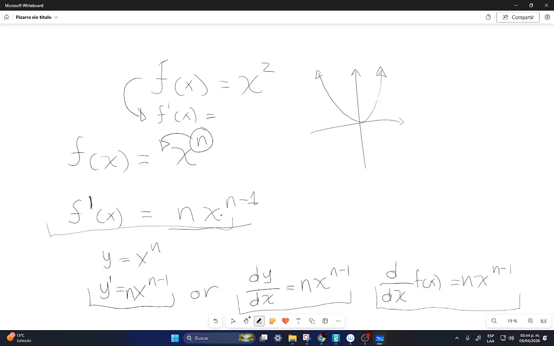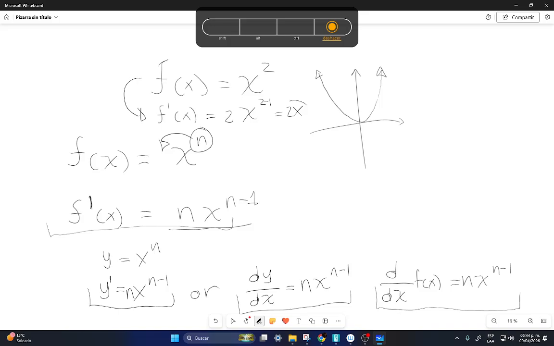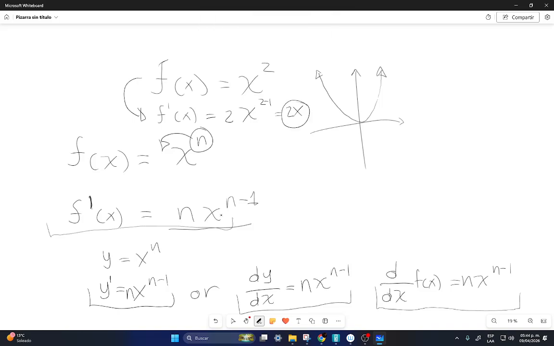Okay, so let's do that for x squared. We move the 2 down to multiply, and we subtract 1 from the exponent, which gives 2x, because 2 minus 1 is 1, and the exponent is 1, but it's not necessary to write it. So this function is the derivative of this one.